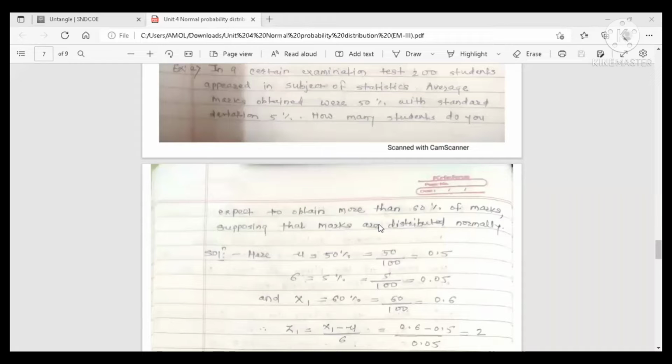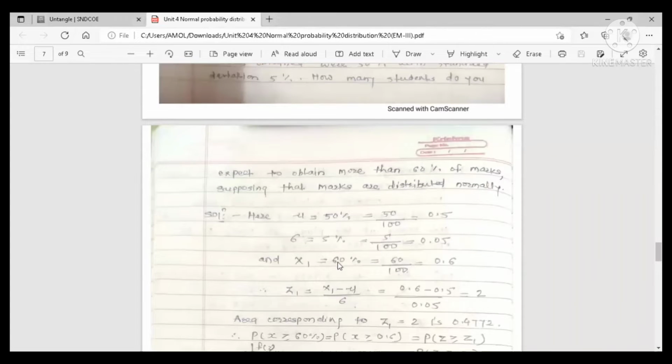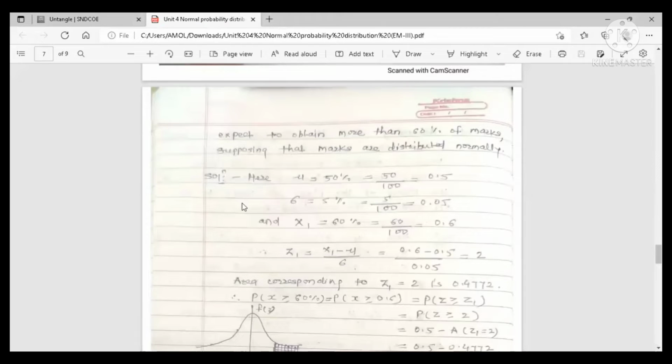Here you assume that x1 is 60%. x1 is 60% means 60 upon 100. Simplify this term, it is equal to 0.6. Supposing that marks are distributed normally, it is obvious that this is an example of normal distribution.